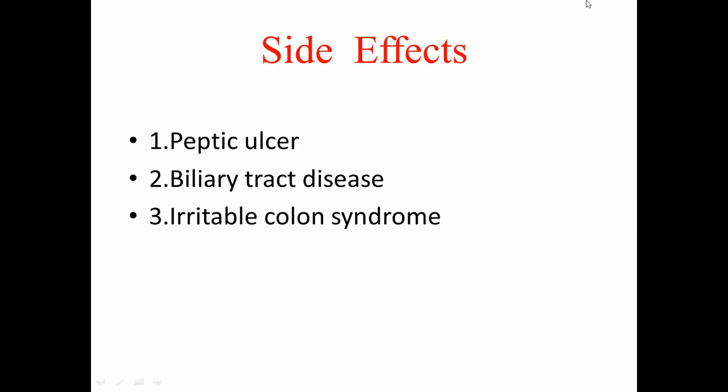Biliary diseases are the diseases that refer to the bile duct, gallbladder, and other structures involved in the production and transportation of bile. Bile is a fluid. It is produced by which organ? Liver. So the diseases that occur in that tract are biliary tract diseases.